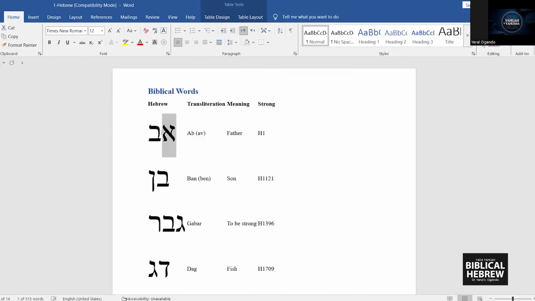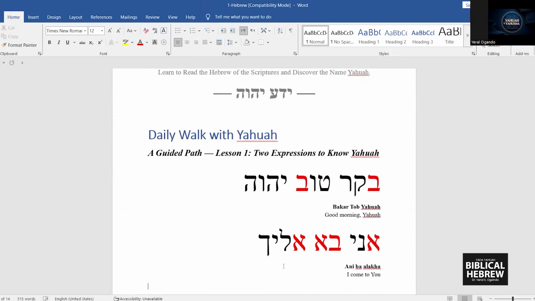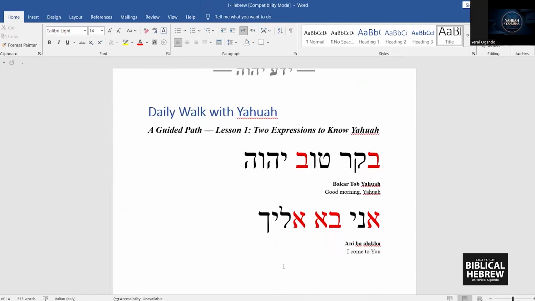We're using Abba, Father, found at H1. Ban, Son, found at H1121. Gabar, to be strong, found at H1396. And Dag, fish, at H1709.